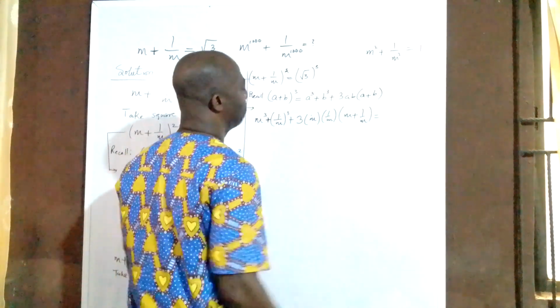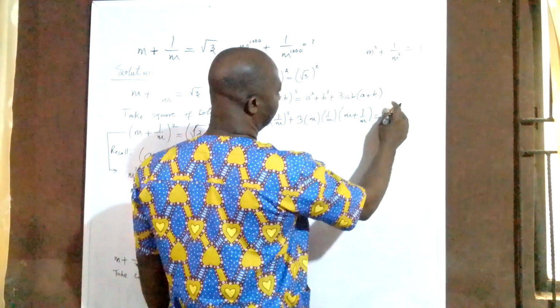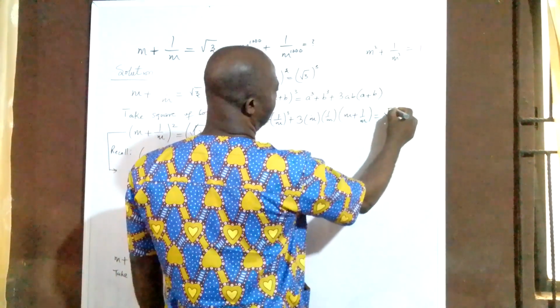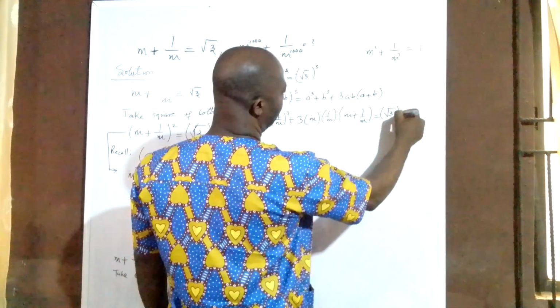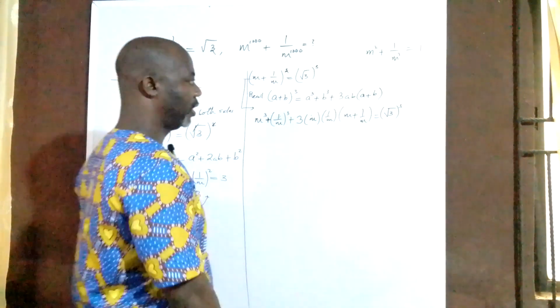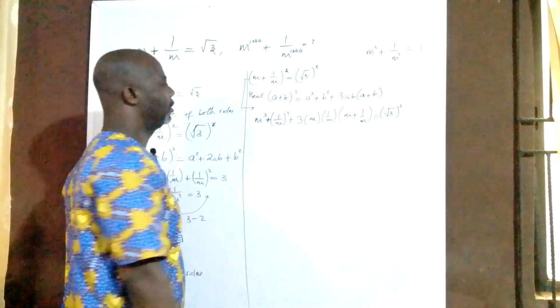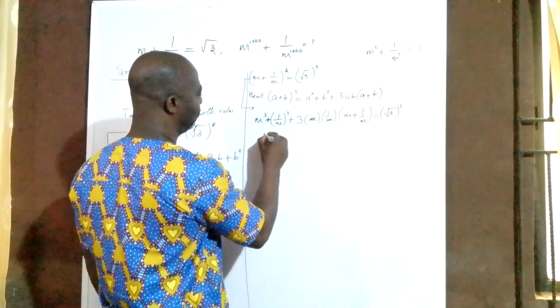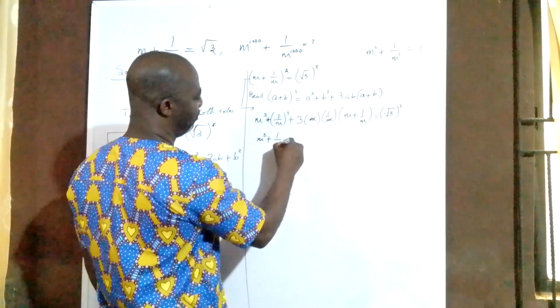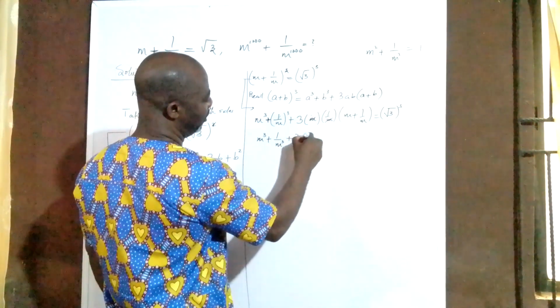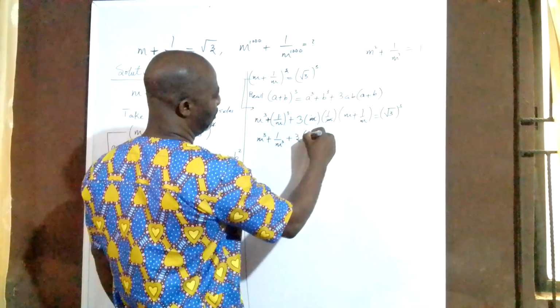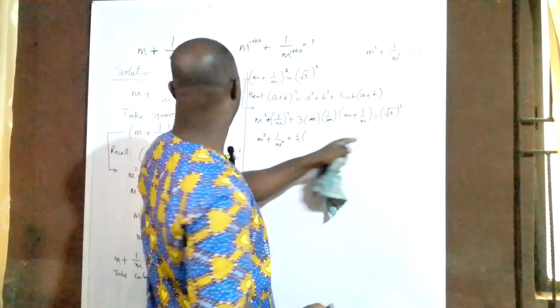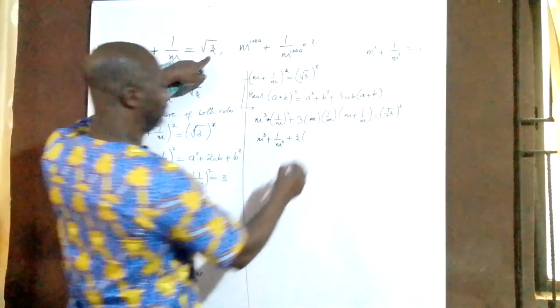The right side is square root of 3 cubed. So I have m cubed plus 1 over m cubed plus 3, because m plus 1 over m is root 3.